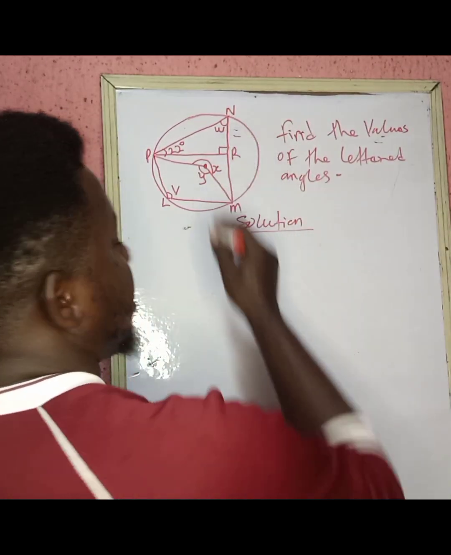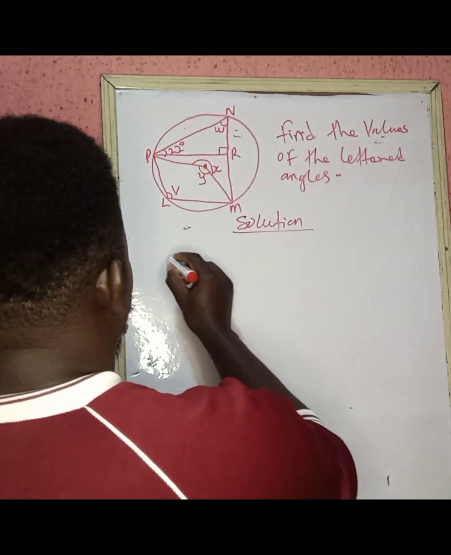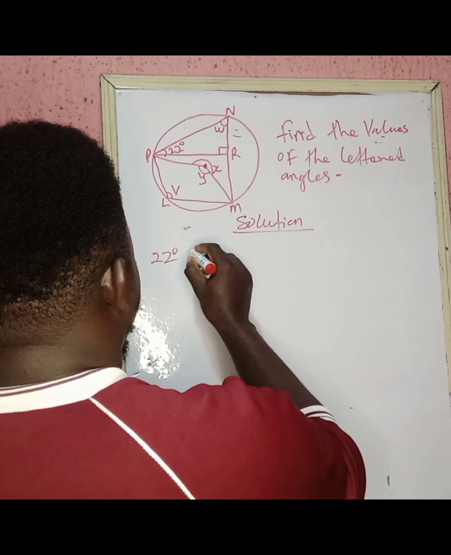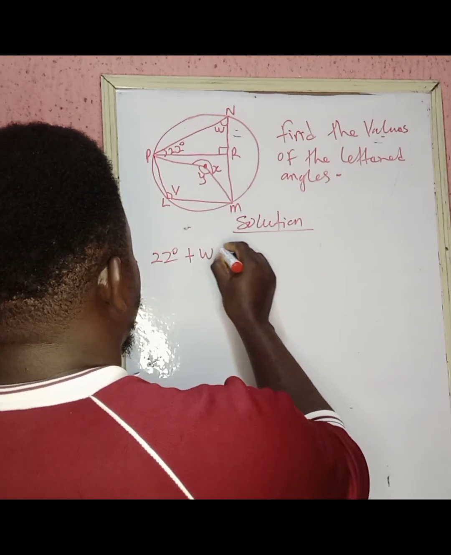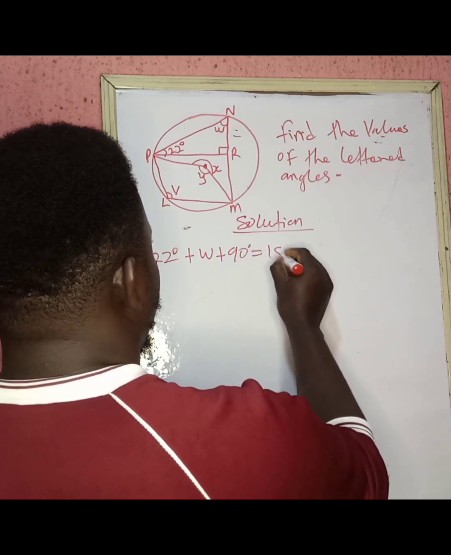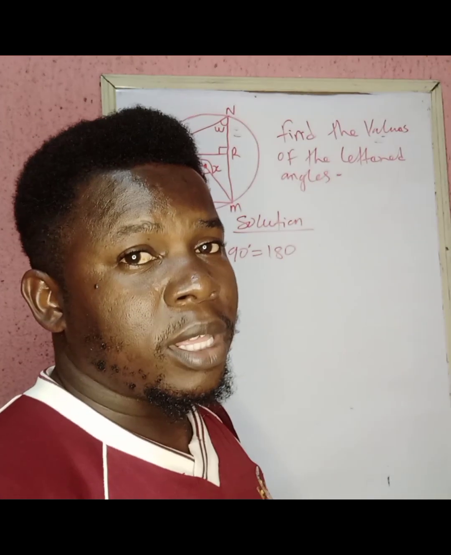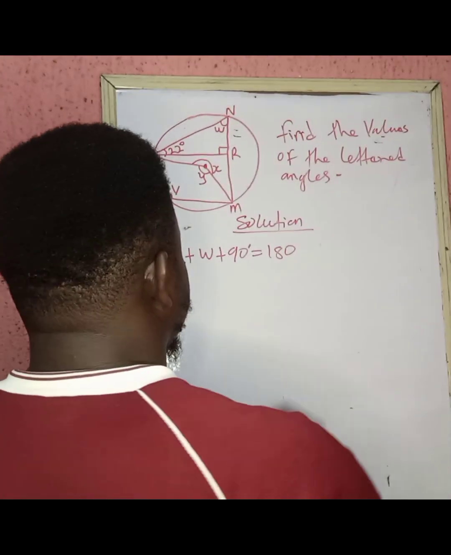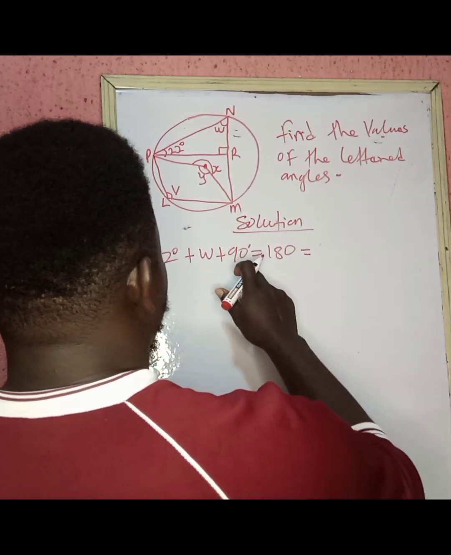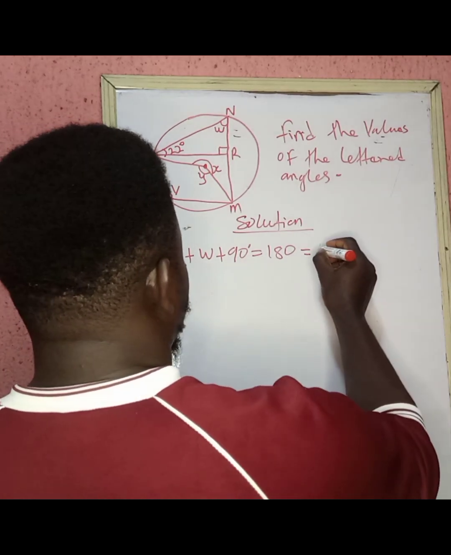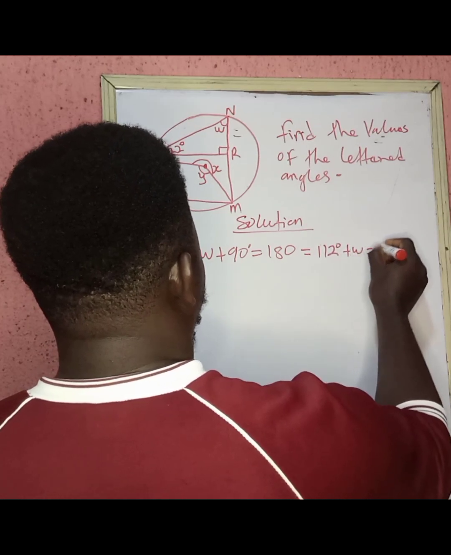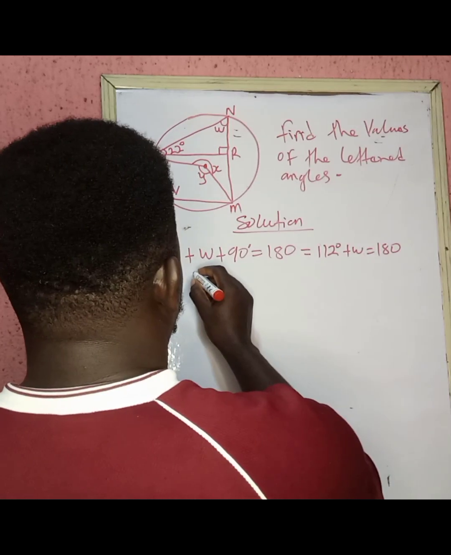This sign here means that this is a 90 degree. And they gave us 22 degree. 22 degree plus W plus 90 degrees is equal to 180. Sum of angles in a triangle is 180, right? 22 plus 90 will give us 112 degree, plus W is equal to 180.